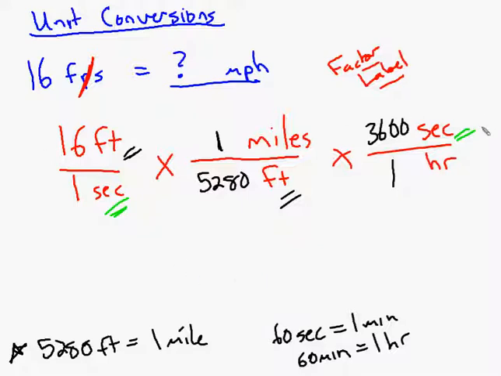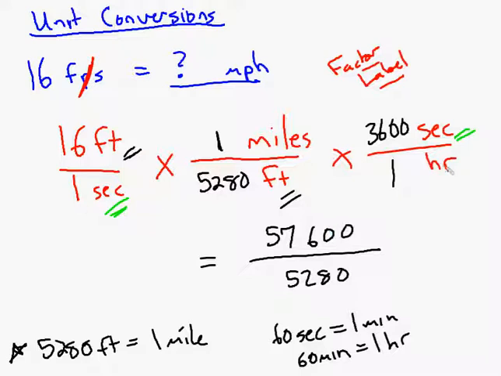Now I multiply across the top and I multiply across the bottom. So, what's 16 times 1 times 3,600? 57,600.